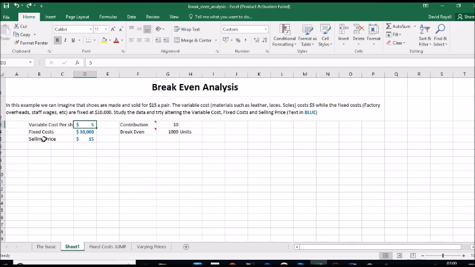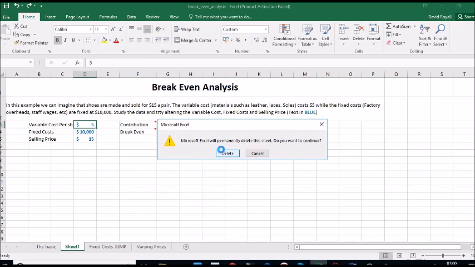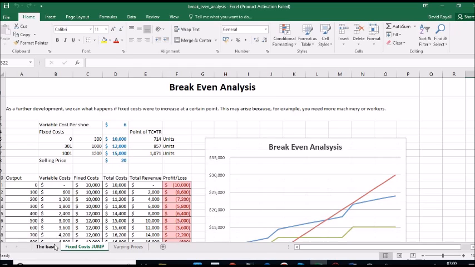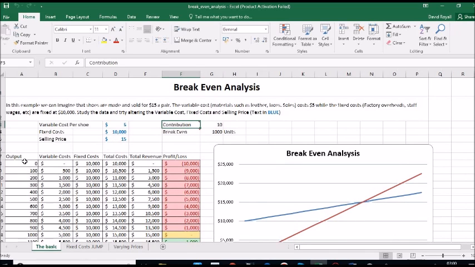Okay, let's go back to the original figures. What I've now done is I'll remove that sheet. I want to go back to the basic sheet that I've done, because now what I've done is plotted this as a diagram.